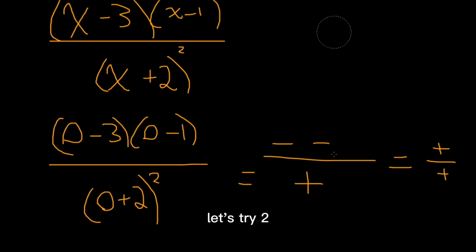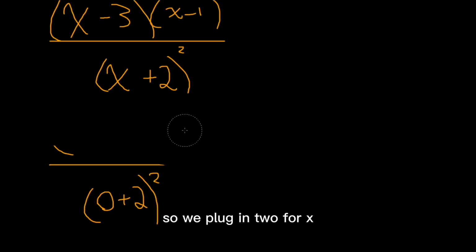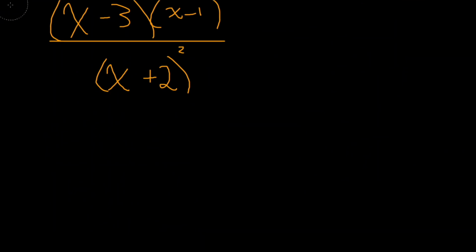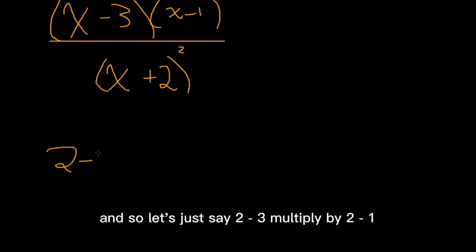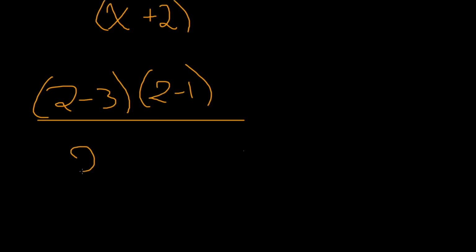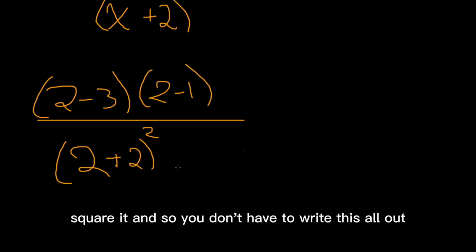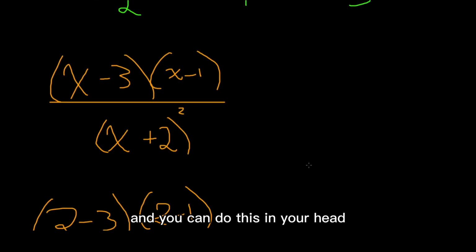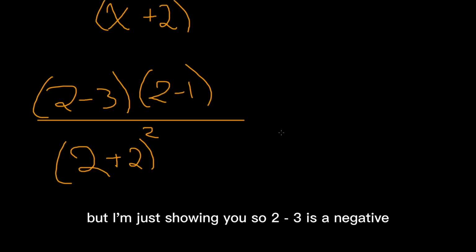Now let's try between 1 and 3. Let's try 2. So we plug in 2 for x. And so let's just say 2 minus 3 multiplied by 2 minus 1, and then 2 plus 2, square it. And so you don't have to write this all out, and you can do this in your head, but I'm just showing you.